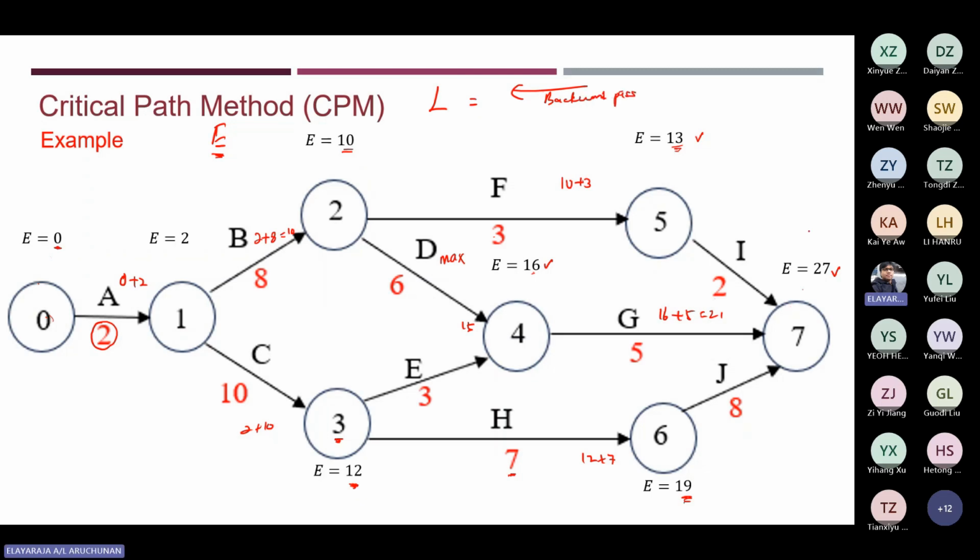You should remember that the latest finishing time must be balanced, which is 27 here, as well as at node 0, where the latest finishing time should be L equal to 0.